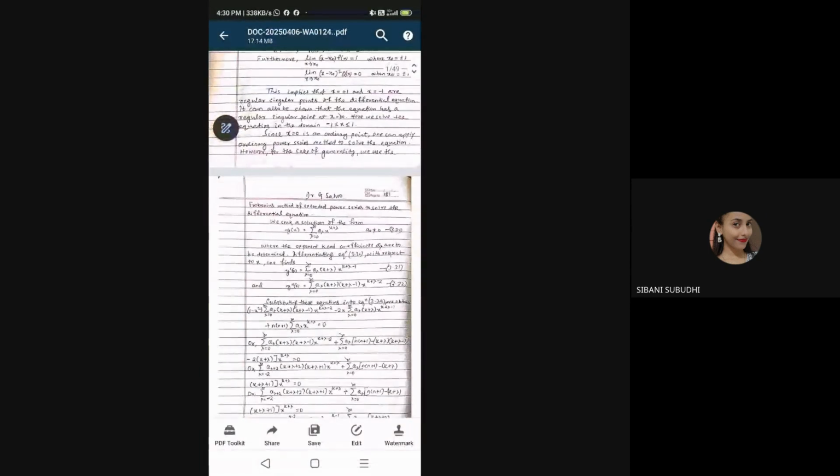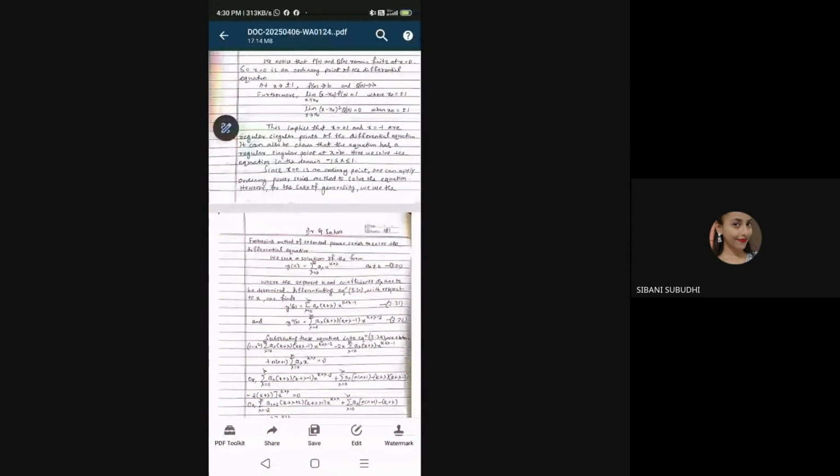You have rearranged the terms in the Legendre differential equation into a general form from where we can solve it in power series. See here, using the power series method, that is y(x) is equal to summation lambda is equal to 0 to infinity a lambda x to the power k plus lambda, you have your y dash and y double dash.